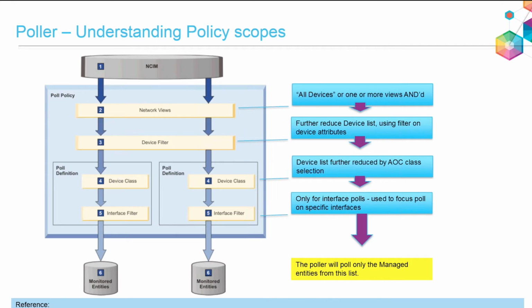This doesn't change the devices; it still monitors all the devices regardless of the interface filter, but it gives you an opportunity to select which interface you want it to poll, if it's an interface poll. For instance, there are various logical interfaces you don't want it to poll, and maybe you want to just focus on the gigabit ones.